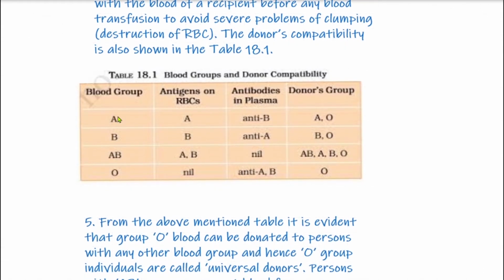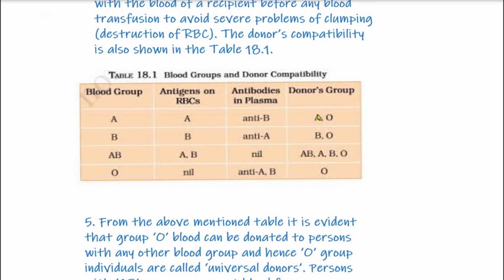Now if you see, if a person has blood group A, the antigen is A, meaning he can get blood from the persons who carry the A antigen only. He can take the blood from A blood group persons and O blood group persons.